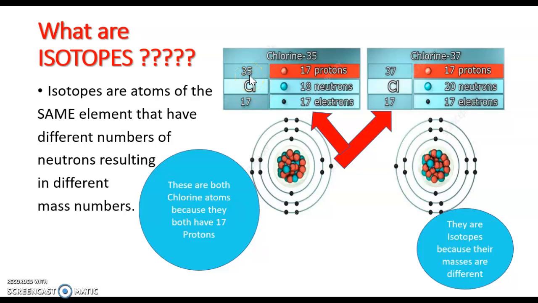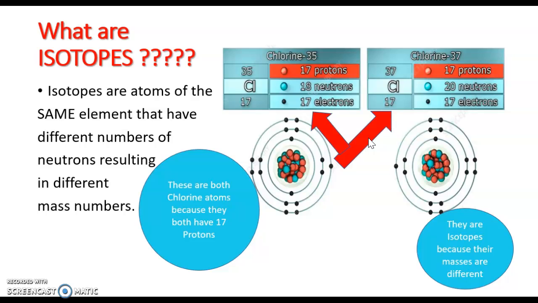You'll notice that there is a number right here, 35, and we also see it following the name of the element. And then on the opposite side, we have 37 also following the name. Whenever you see that number following the name of an element, remember that that is referring to the mass number for that particular isotope of that element.